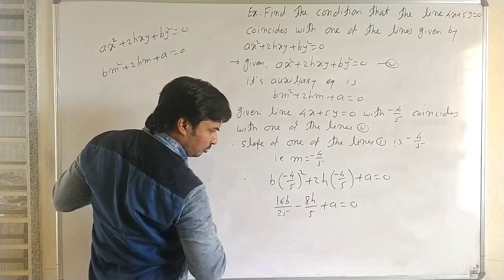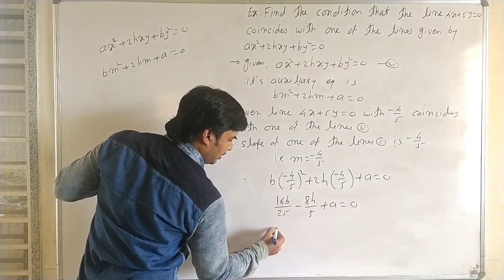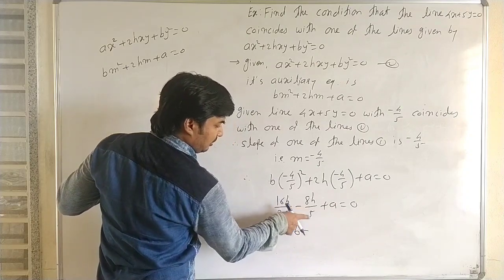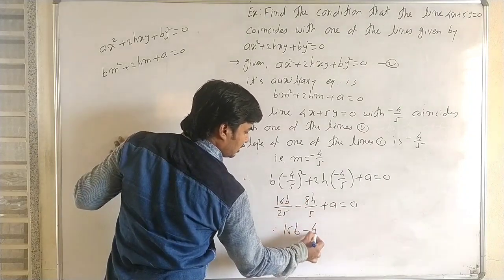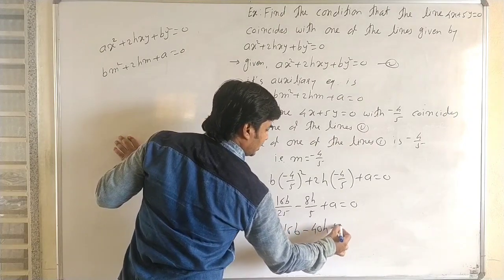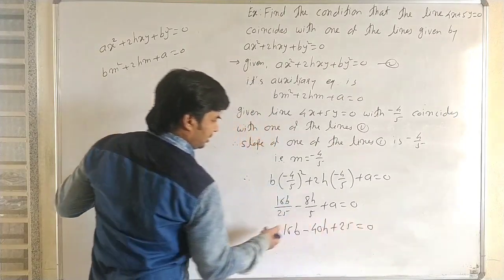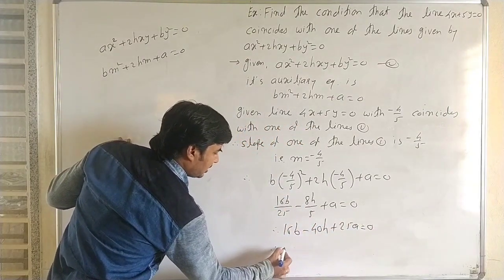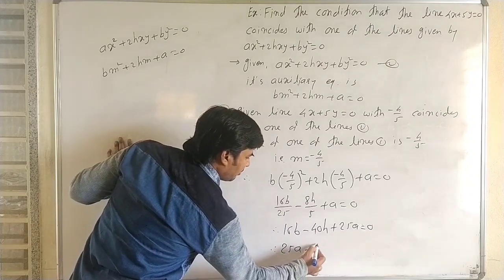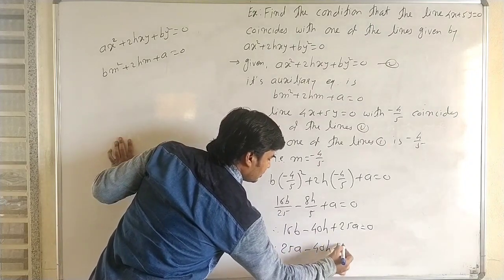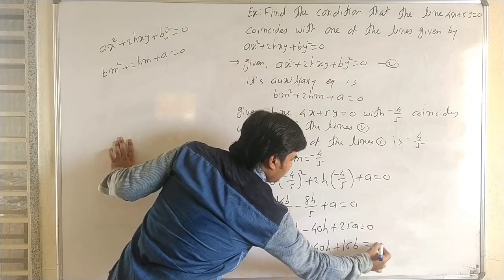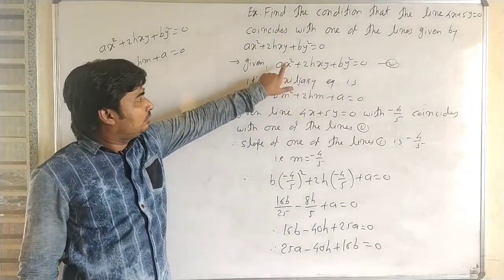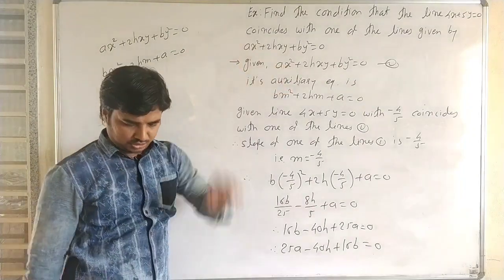Multiplying throughout by 25, we get 16b minus 40h plus 25a is equal to 0. This can be written as 25a minus 40h plus 16b is equal to 0. It is the condition when this line coincides with one of the lines represented by the homogeneous equation.